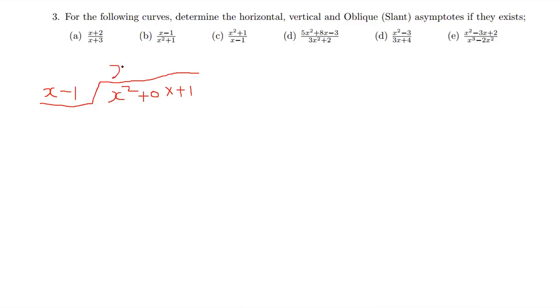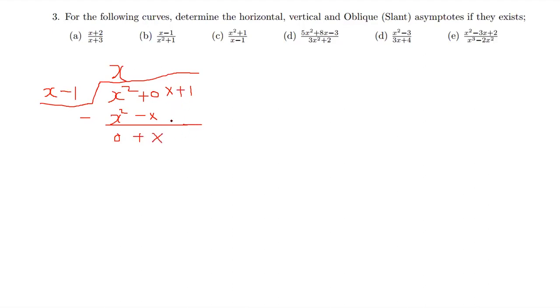You get your answer to be x. And then x times x, you get x squared. x times -1, you get your negative x. Then you subtract: x squared minus x squared, you get a 0.